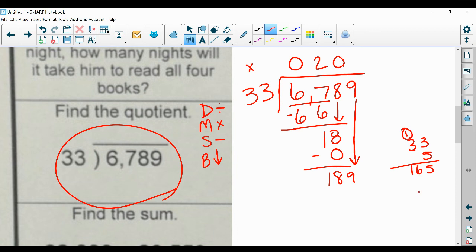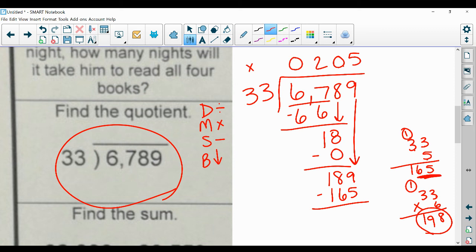Let's see if I can just go one more. 33 times 6. 6 times 3 is 18. Carry my 1. 18, 19. That ends up busting it and being almost 10 more than what we need. So we have to come back here to our 5 and do 165.